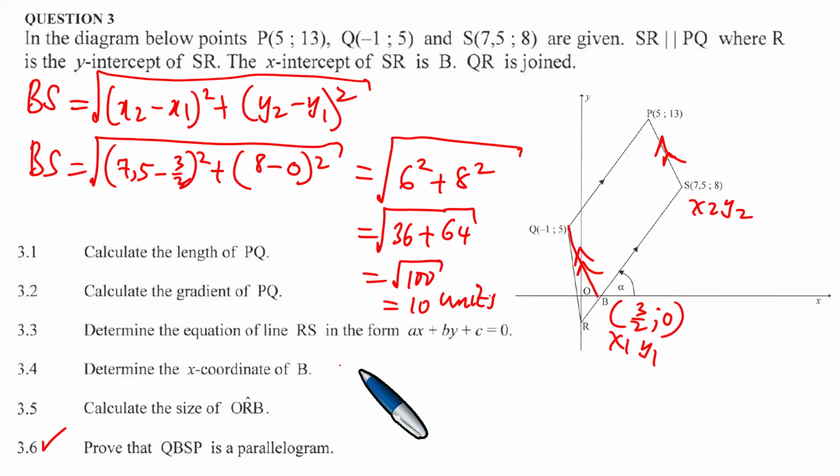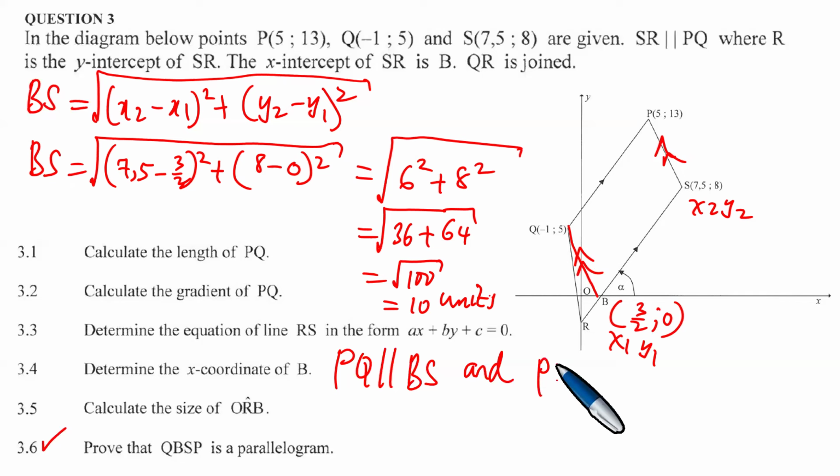So that you have PQ. PQ is parallel to BS.